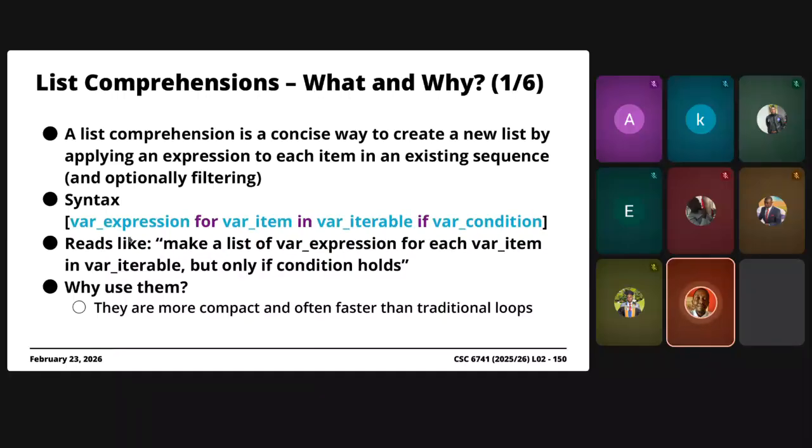I think this will make sense when we look at examples. In other words, you'd be saying you want to make a list of var expression, and then to make this list, for each item in an existing iterable object, perform the operation.